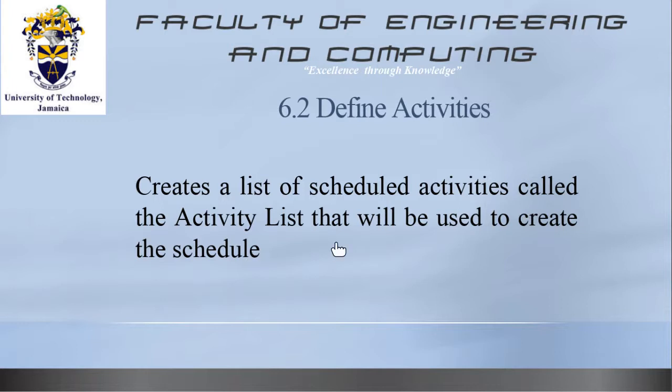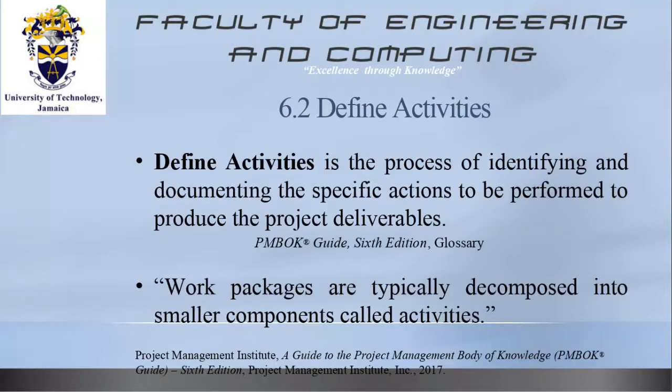And this is called the activity list that will be used to create the schedule. But pretty much we had this already from our WBS, right? So it's a process of identifying and documenting the specific actions to be performed to produce the project deliverables. So work packages are typically decomposed into smaller components called activities, but we know this already from the WBS process.